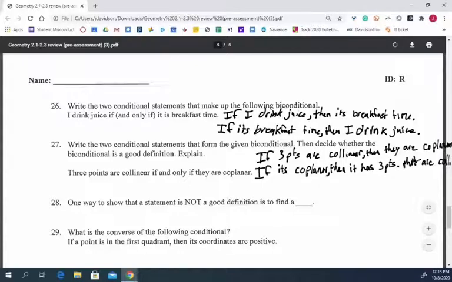So is it a good definition? No. One way to show that a statement is not a good definition is to find a counterexample.